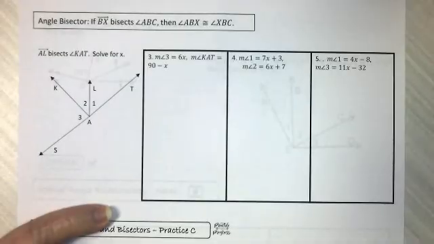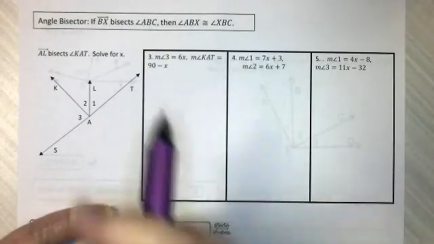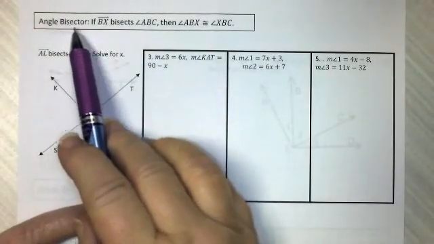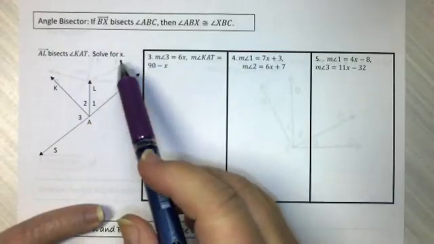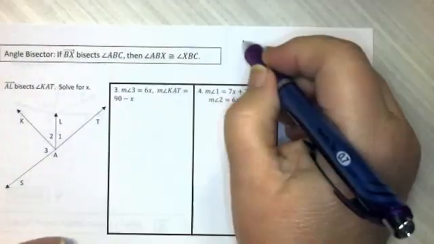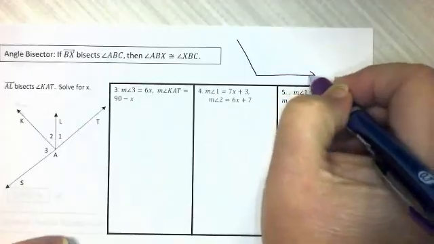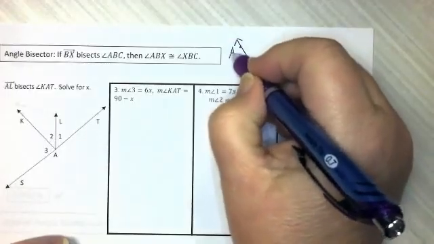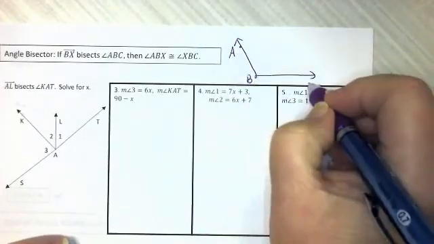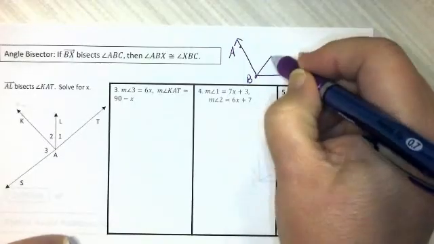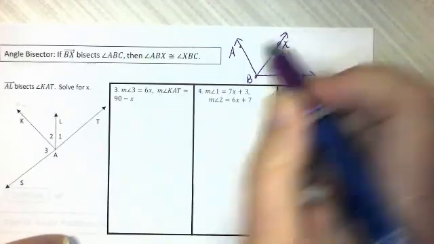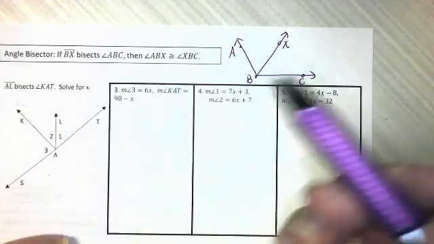So the definition of an angle bisector, it still has that word bisector, so that means if ray BX, I guess I should draw a picture for you. I have angle ABC, and ray BX is going to bisect my angle.